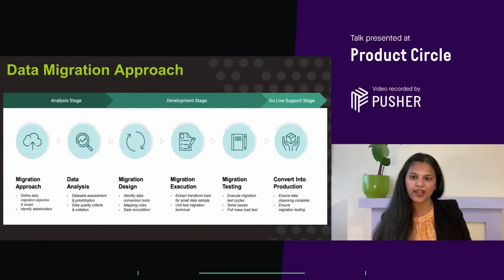During the build phase, we developed capabilities to extract data from different sources in different formats, transforming it into a unified format which destinations can understand, and also adhere to all mapping and business rules.